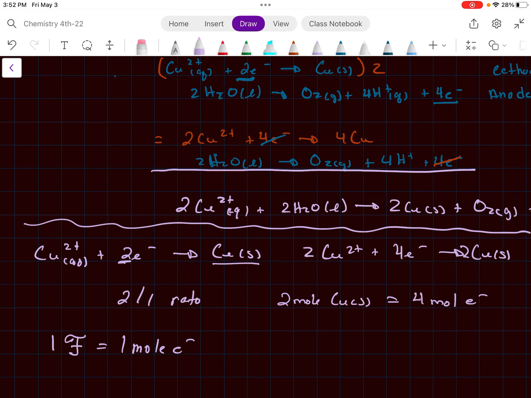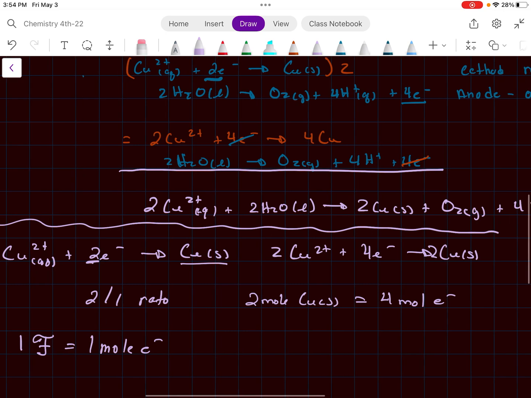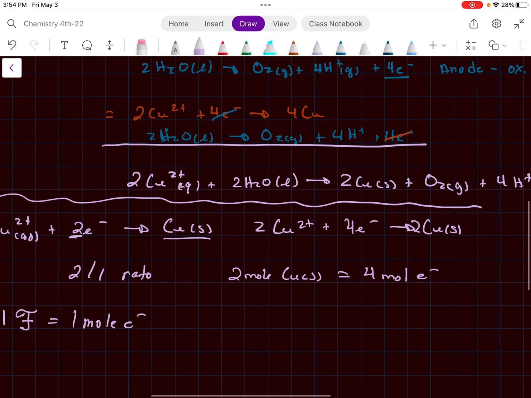And essentially, here's what he found out. To use the Faraday, we need to relate it to electrical measurements that can be used in the lab. So the SI unit of electric current is called the ampere.